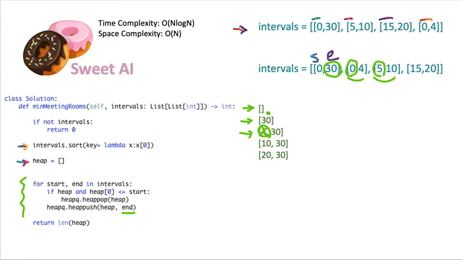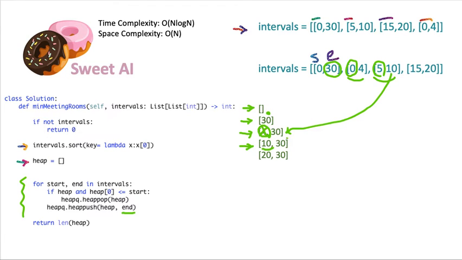So now we can pop this one out of the heap and add 10 to the heap, right? So now we have 10 in the heap, and we popped the number 4 out, and the heap keeps the minimum at index 0.